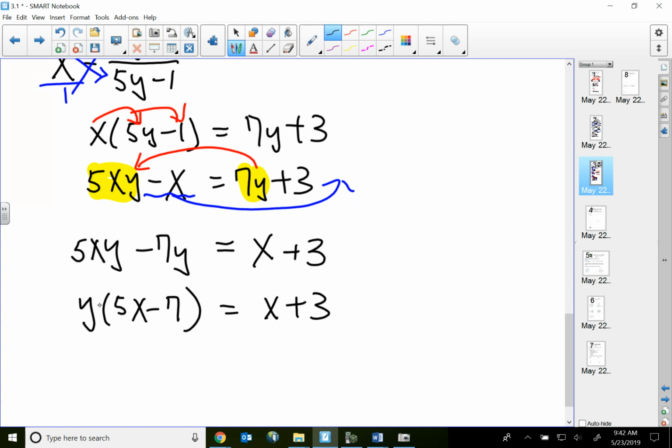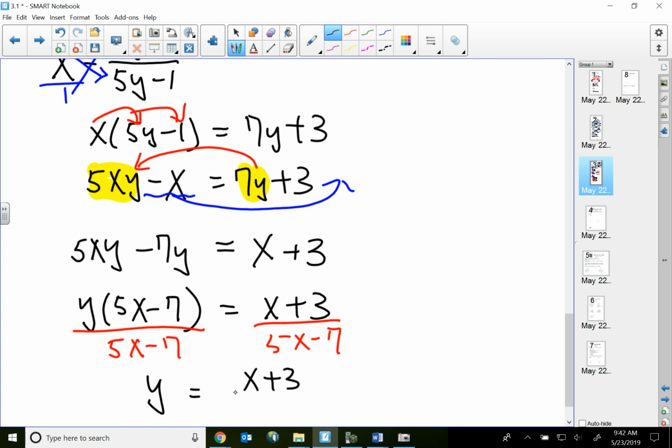So now y times (5x - 7) is only one term. If I want to get y by itself, all I have to do is divide by the coefficient 5x - 7 on both sides. So my y is now equal to (x + 3) over (5x - 7).